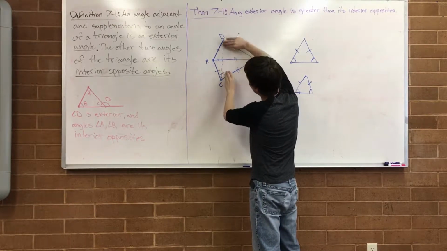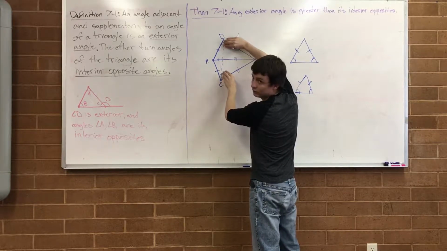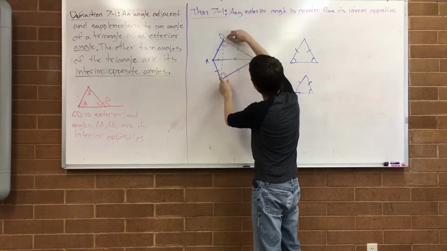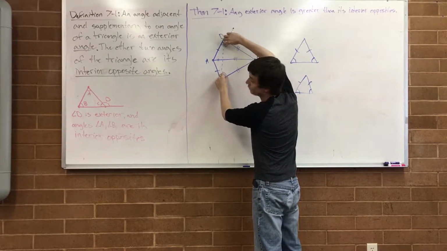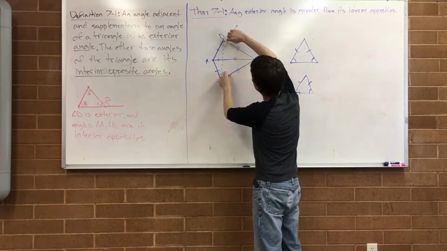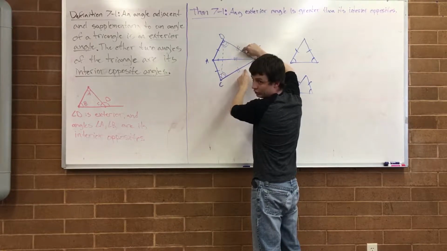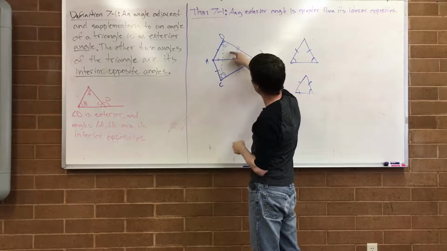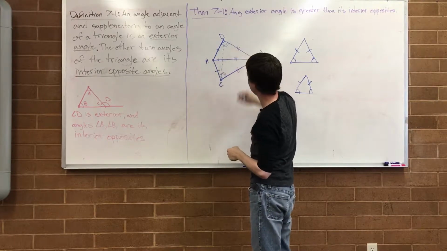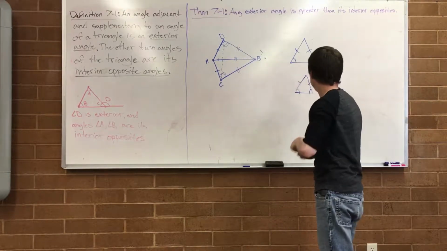Since that was isosceles, its base angles were congruent. Since all right angles are congruent, and those two base angles are congruent, these two angles are congruent. And since these two angles are congruent, these two sides are congruent for this triangle, CDB. And now this triangle is congruent to this triangle by side, side, side. So that's how you prove that.